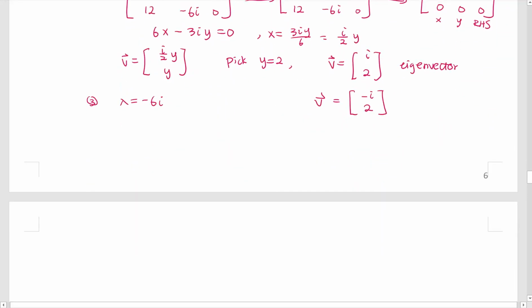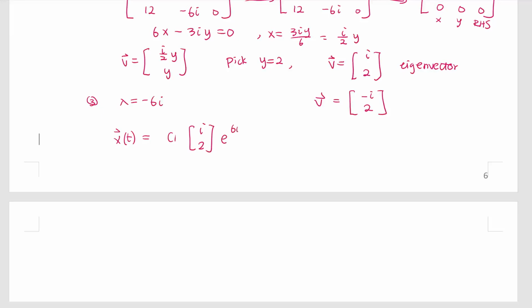So we know x is going to be C1 times i and 2 e to the 6it plus C2 times negative i and 2 e to the negative 6it.